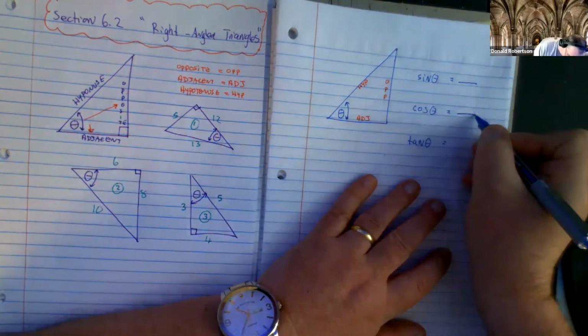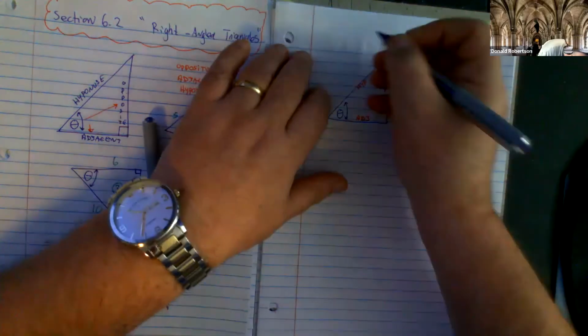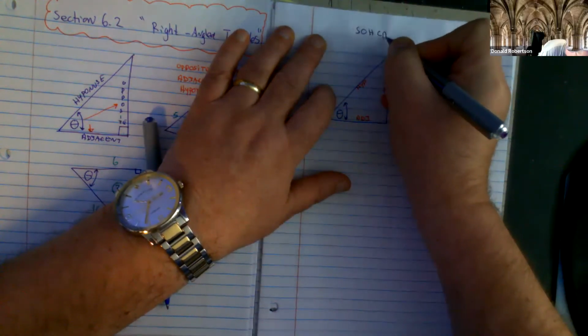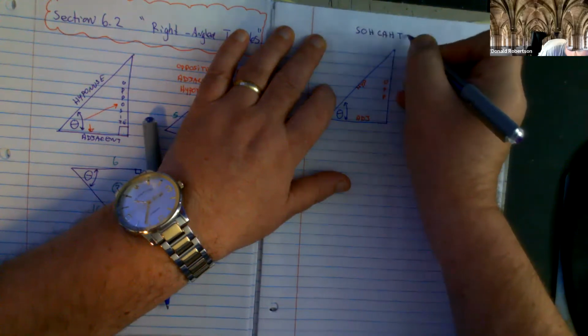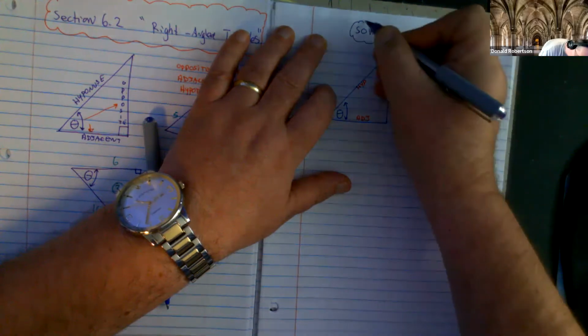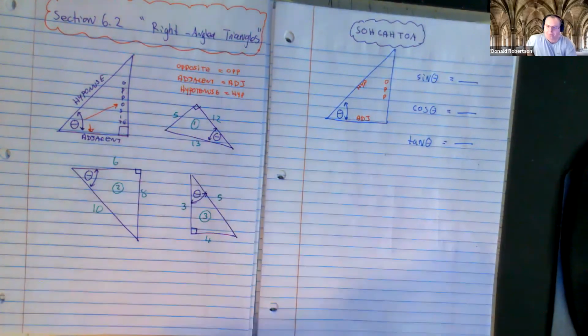You can get them by doing one side divided by the other. There is a mnemonic, which you hopefully have heard of, which is a funny word. A mnemonic is just a word or the letters of that word that are there to help you remember a formula.